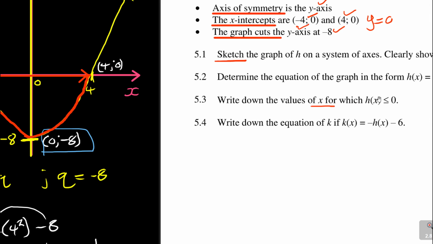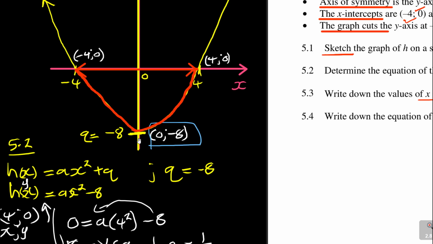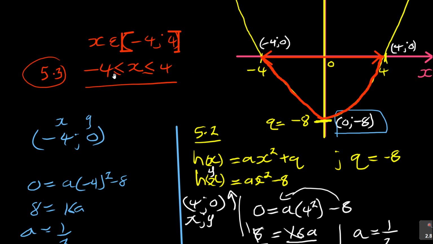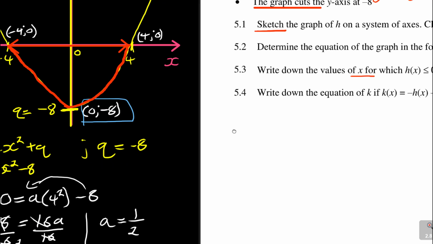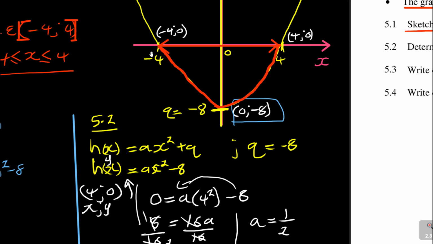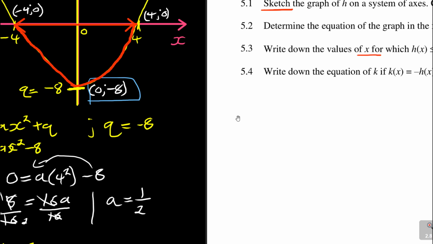Why am I saying it? Because they also used less than or equal to. It doesn't matter whether it's greater than or equal to, but they used equal to, so you also include equal to. That's why I was talking about the square brackets, because -4 is included and 4 is included.